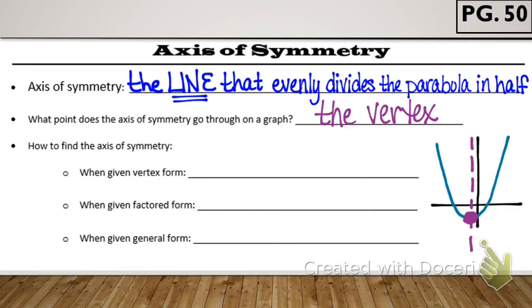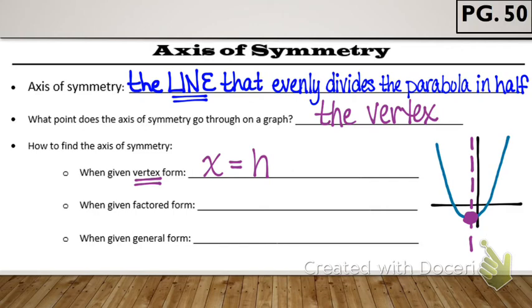When they give me the equation in vertex form, super easy. This is x equals h, which we've been doing to find the h part of that ordered pair. Only now for my axis of symmetry, I have to include the x equals part, because just putting a number there is just a dot, a point, and I need that whole dotted line there.